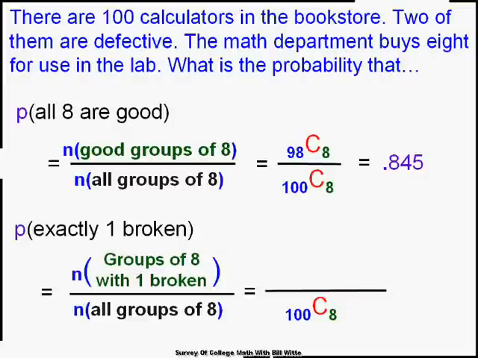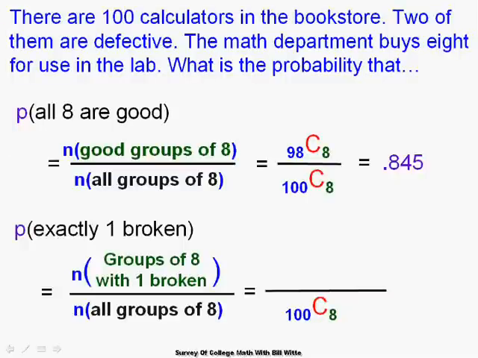Now we've got to calculate how many ways we can get 1 broken. Let's start with the ways we can get 1 broken out of the 8. So let's start with the 7 working ones. That's going to be a combination of 98, we only have 98 working ones, taken 7 at a time.